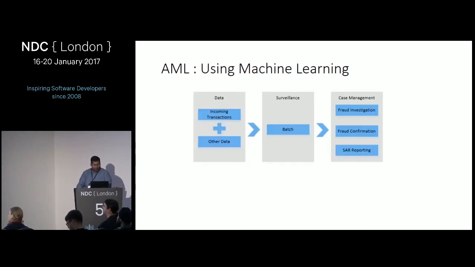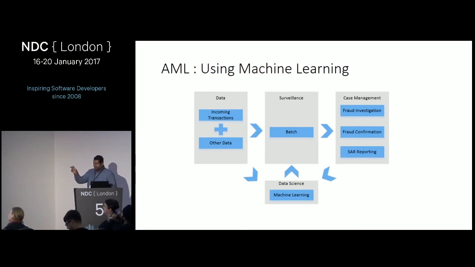So how do we use machine learning for this? This is a typical scenario that we just talked of, where you have incoming transactions and other data. There is batch surveillance happening, and you do the case management. With machine learning, you're feeding machine learning data from incoming data as well as data from the case management system, and then you're enhancing your batch with not just the rule engine-based, but also the machine learning-based solutions.